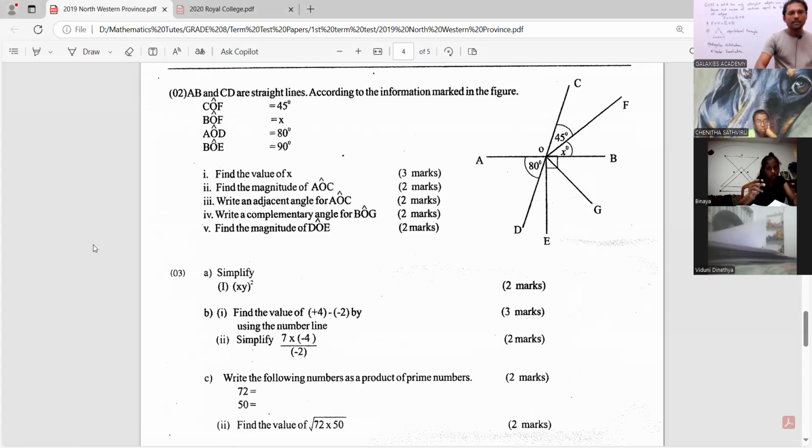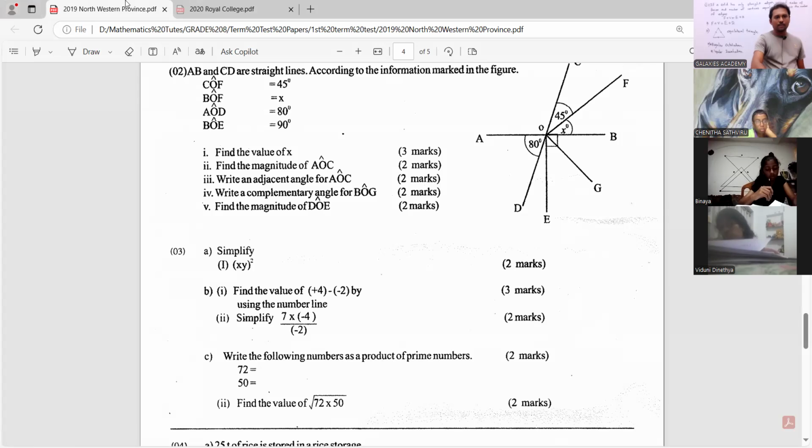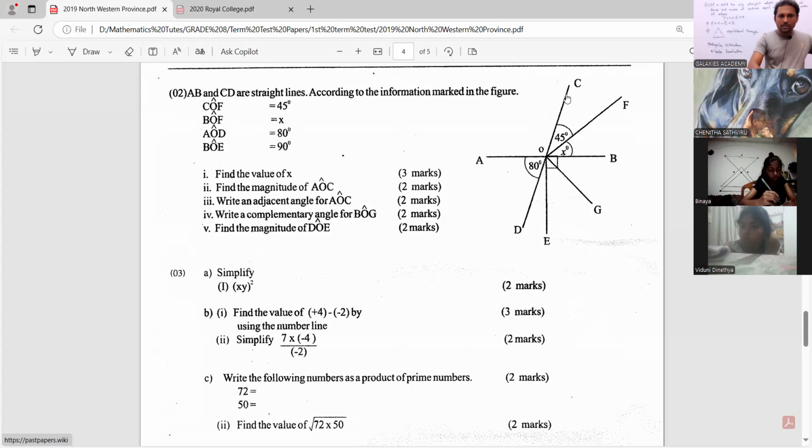Last part. Okay. Then look at the second question. The second question is given from the angles lesson. AB and CD are straight lines. According to the information marked in the figure, angle COF is 45 degrees. This angle is marked 45 degrees.